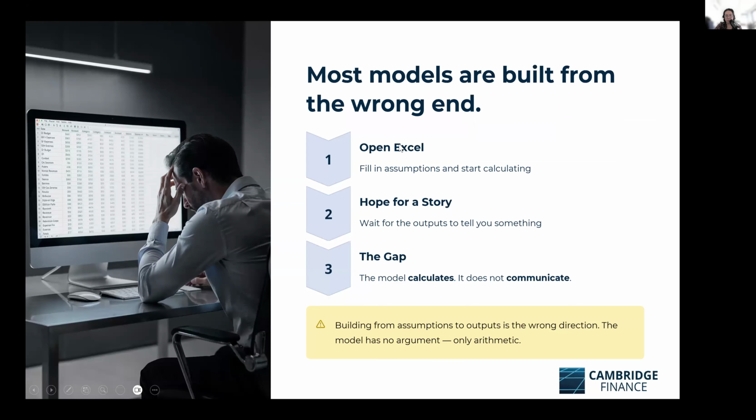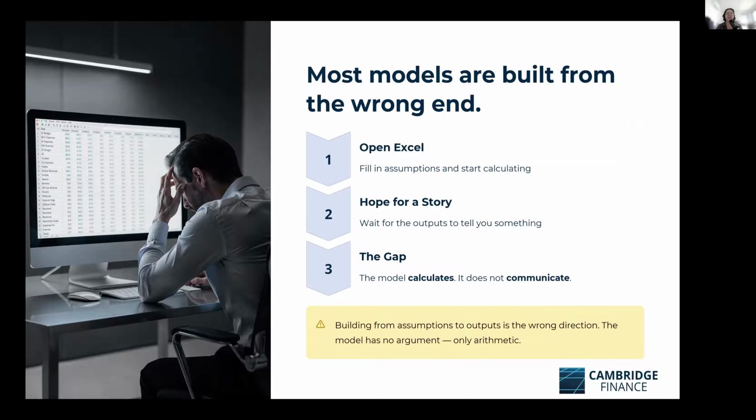Before we open the models, most models are built from the wrong end. So if you're going to use this case study, and you're going to say, okay, is 6 million a lot? Is 6 million a good deal? What is your opinion?